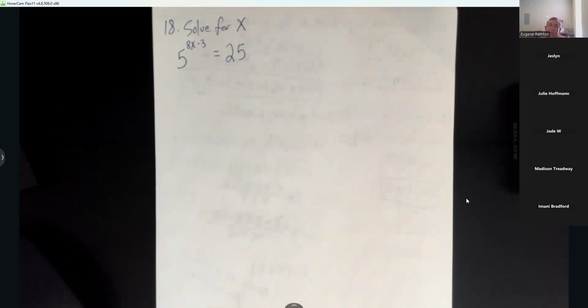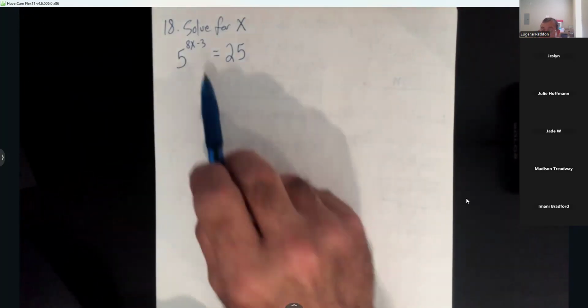So this was the new stuff from yesterday. This is an exponential equation. So my first step was, can I rewrite each side using the same base?